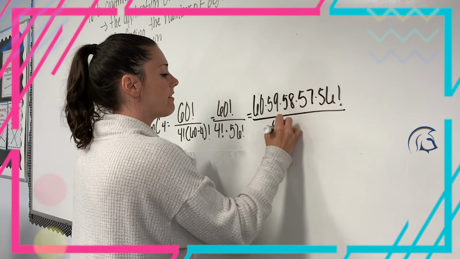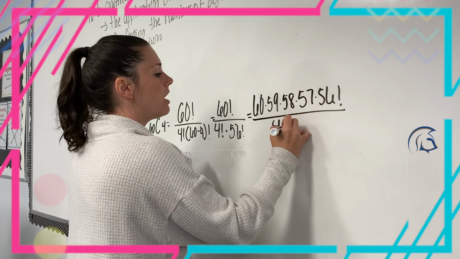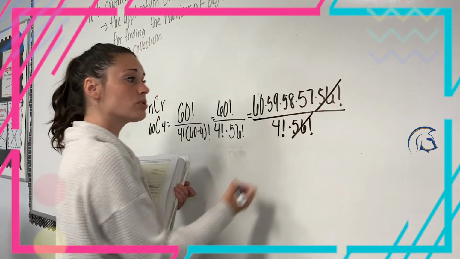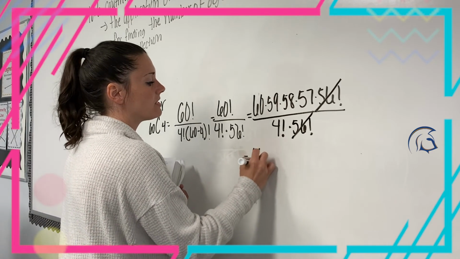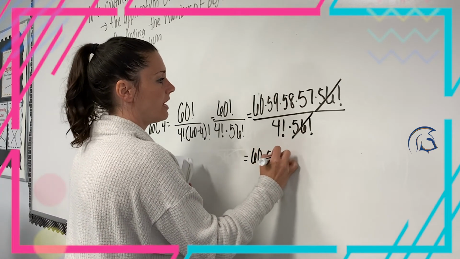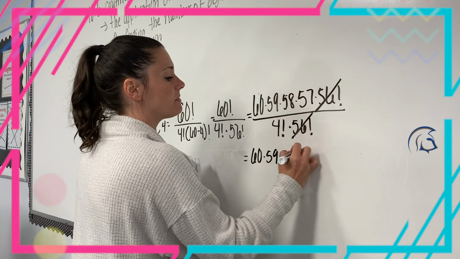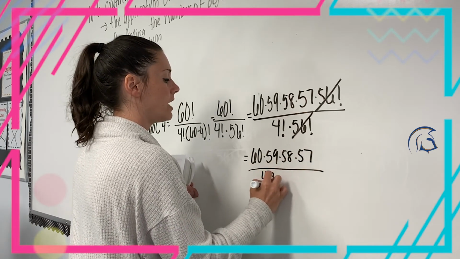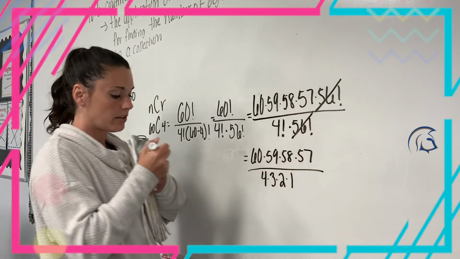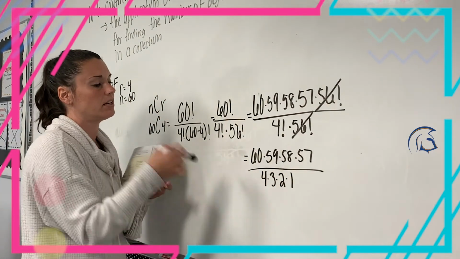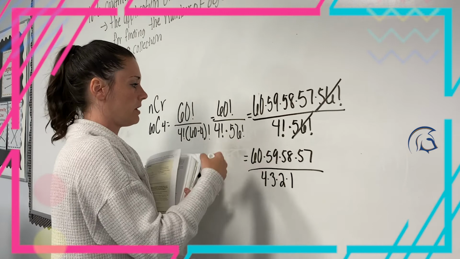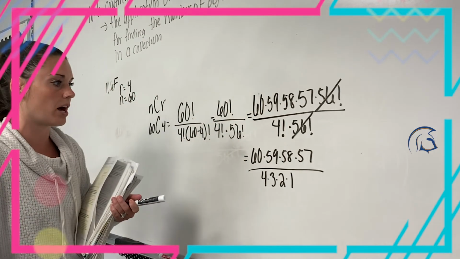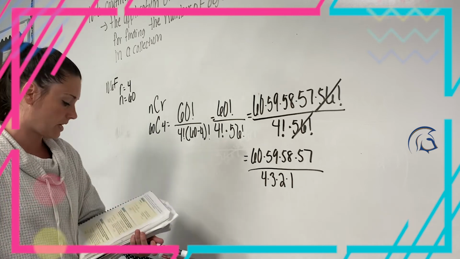So now we're just going to have 4 factorial times 56 factorial. This is going to cancel. And now you're going to have 60 times 59 times 58 times 57, stop, over 4 times 3 times 2 times 1. Now you can use your factorial button down here, but you don't want to use it here because we're not doing 60 factorial anymore. We're stopping at 57, okay?